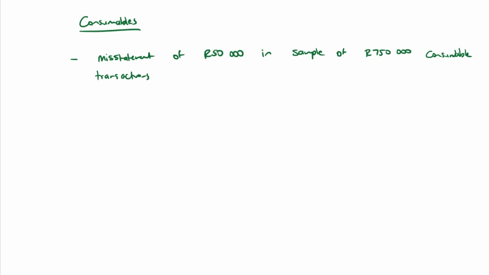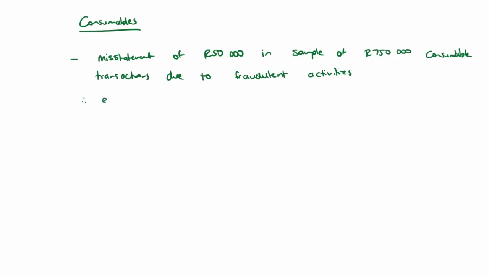So I'm going to say there's a misstatement of 50,000 in the sample of 750 consumable transactions due to fraudulent activities. So I'm proving that the fraudulent activities show me that it's a misstatement. But that is in the sample, so potentially there's more.